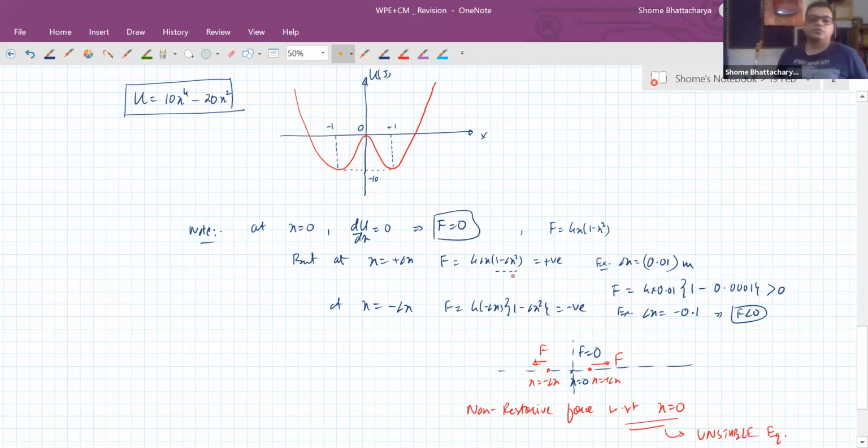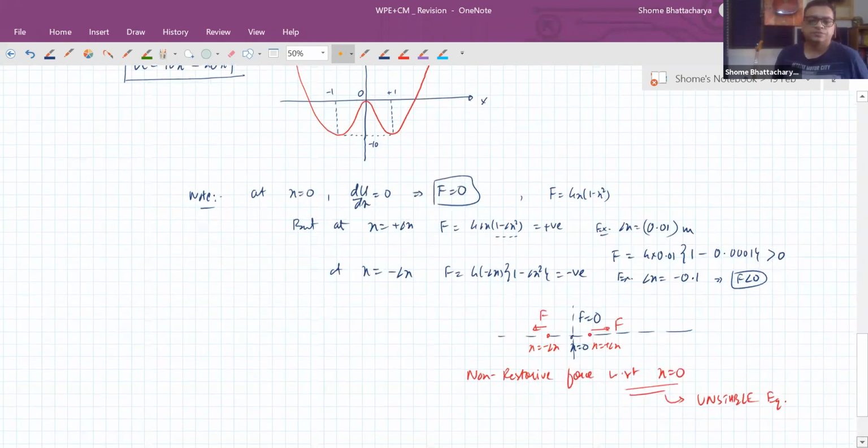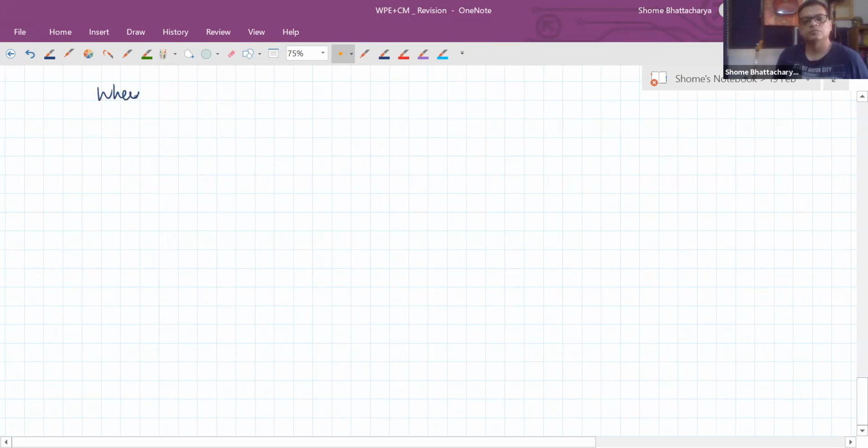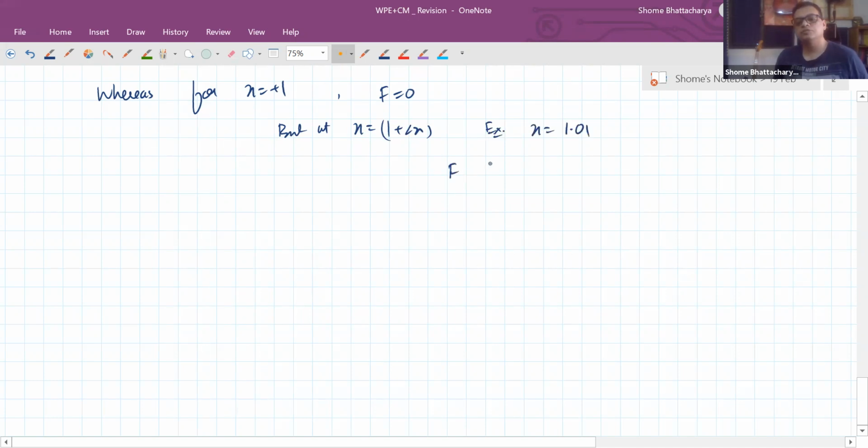So therefore, x equal to 0 becomes an unstable equilibrium. Whereas on the other hand, if you look at these 2 points, x equal to plus 1 and x equal to minus 1, you can see the force is 0, but at x equal to 1 plus delta x, for example, x equal to 1.01, you can see that the force will become negative.